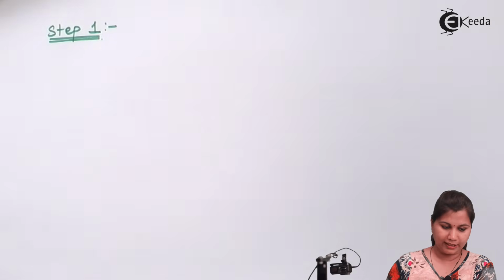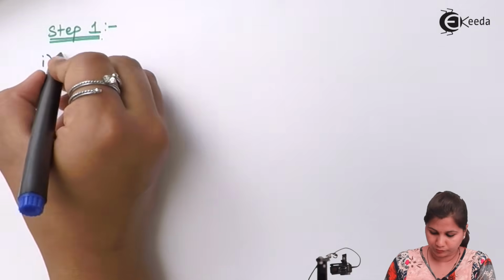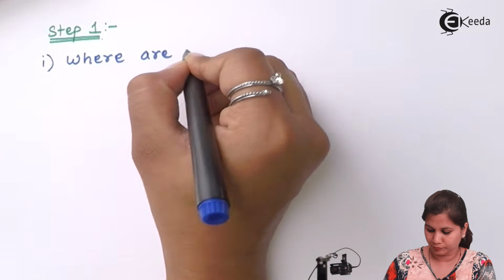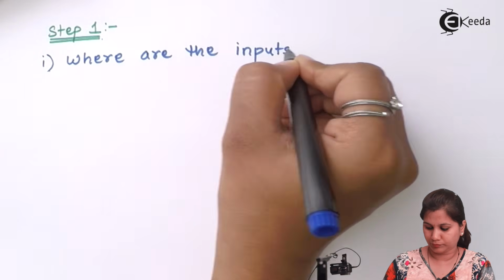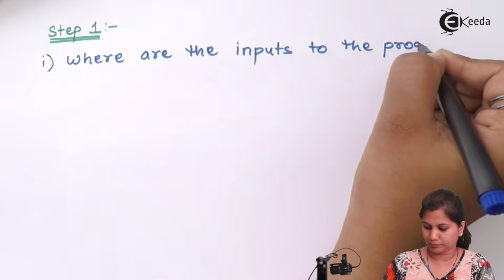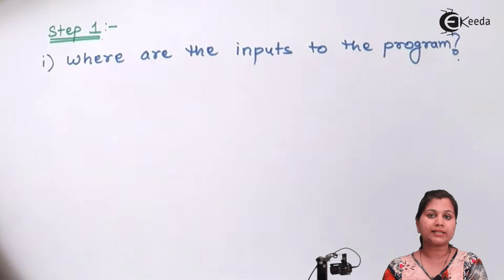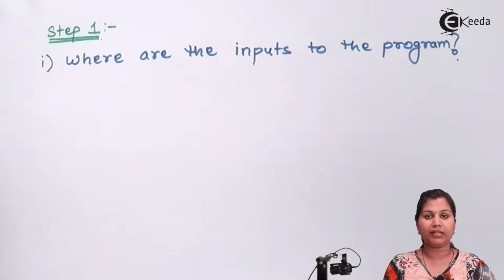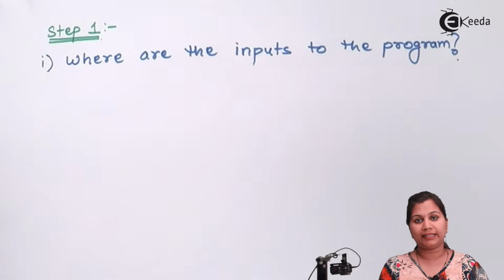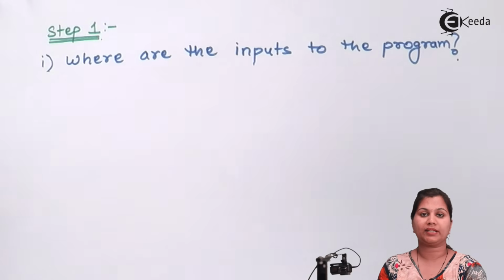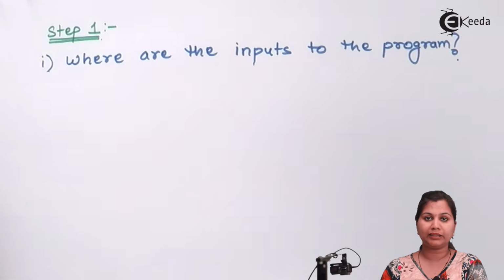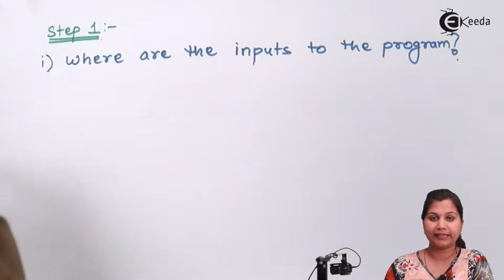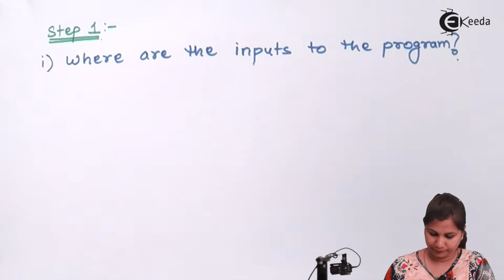So first thing is, that where are the inputs of the program, whether the data which we are using in the program, whether that data is stored in the memory or it is available in a register, okay, or it is directly available in the program. So that is to be decided in this step.